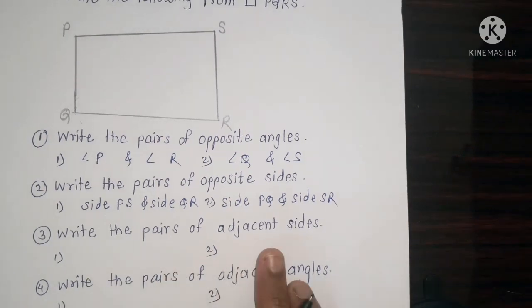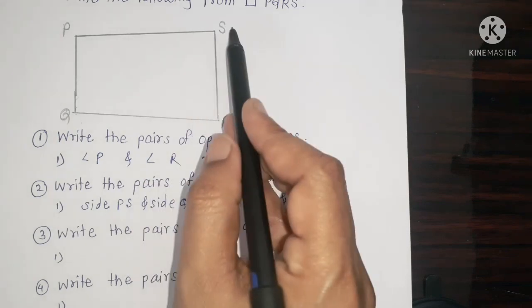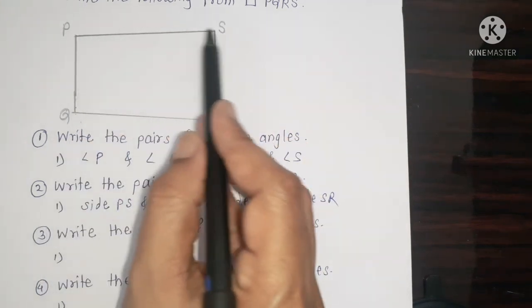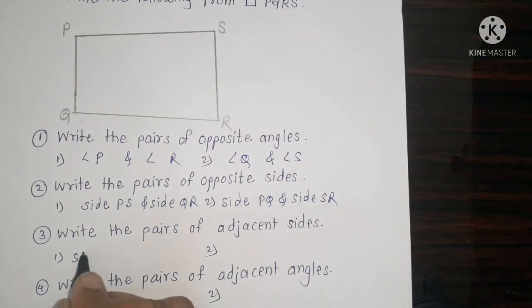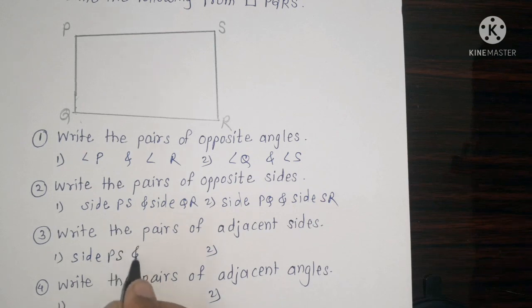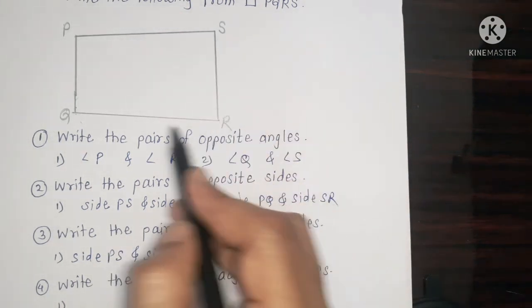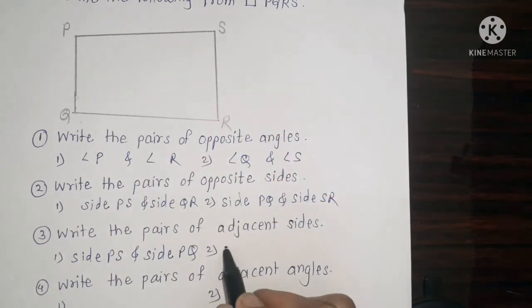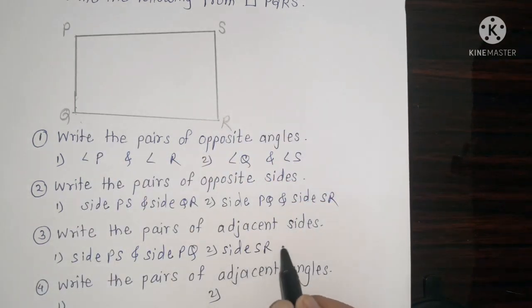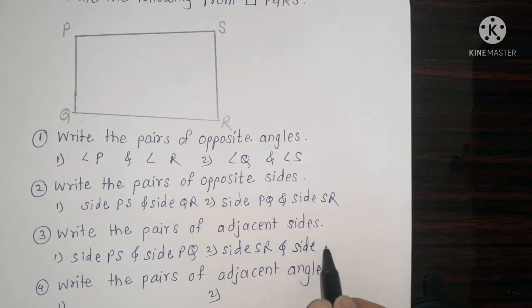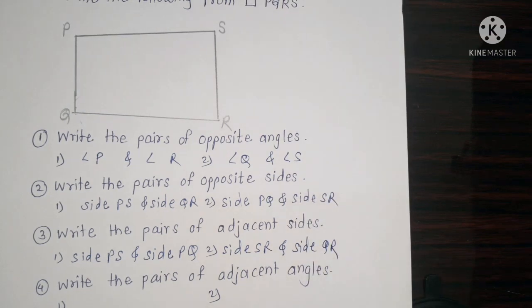Question 3. Write the pairs of adjacent sides. We can write any two adjacent sides. Side PS and side PQ are adjacent sides. Now another pair: side SR and side QR are adjacent sides.